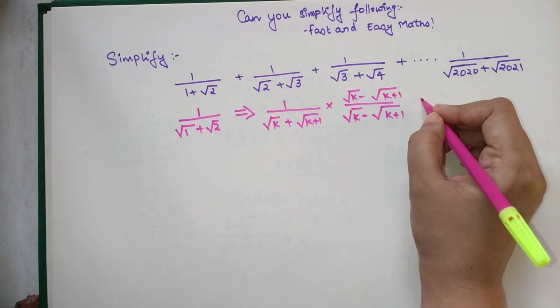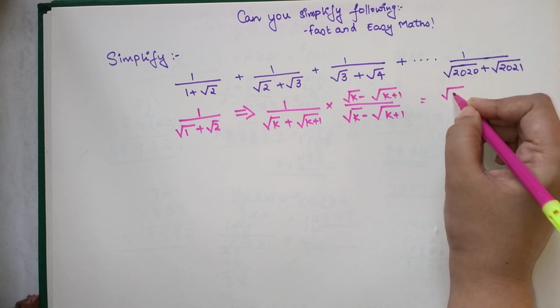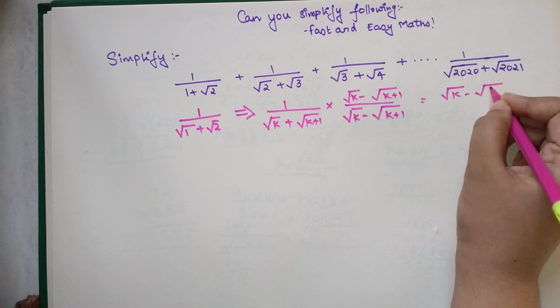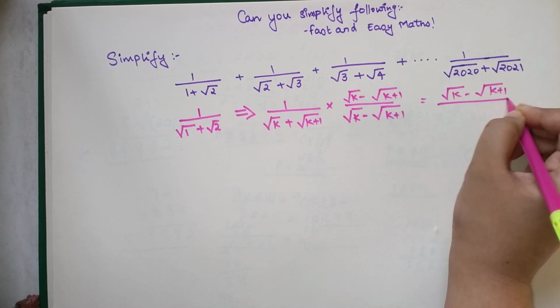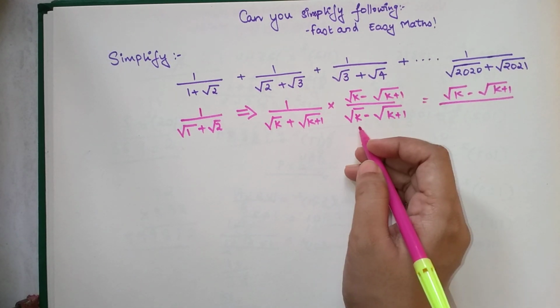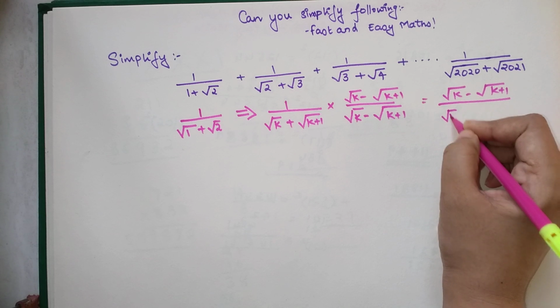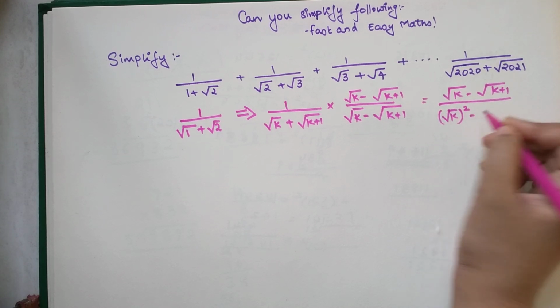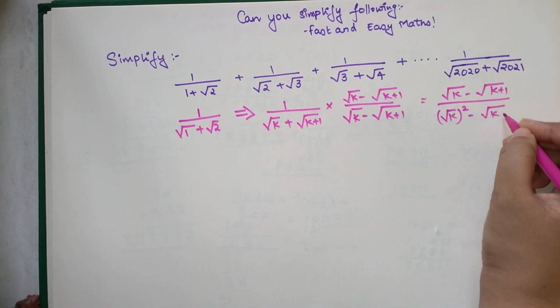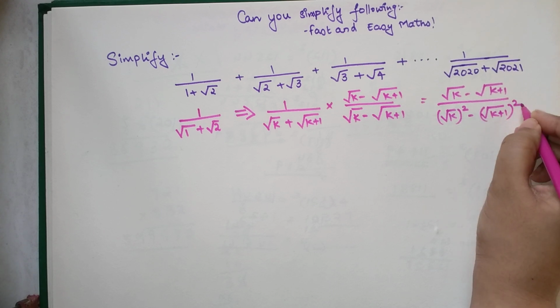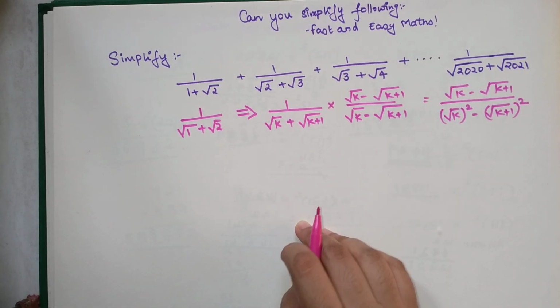So now I can say that root of k minus root of k plus 1 upon, a plus b into a minus b gets you a square minus b square, so root of k the whole square minus root of k plus 1 the whole square. Correct?